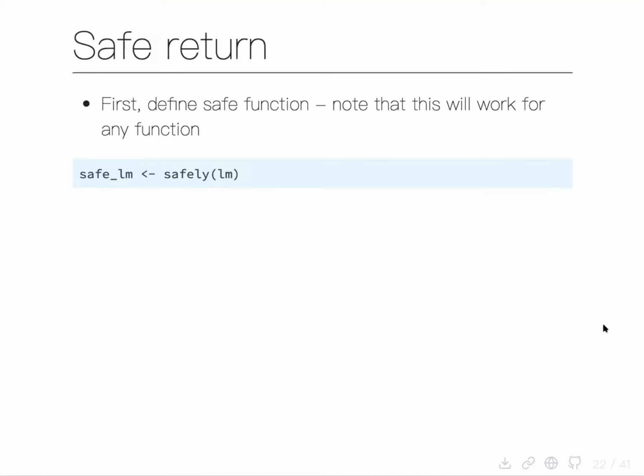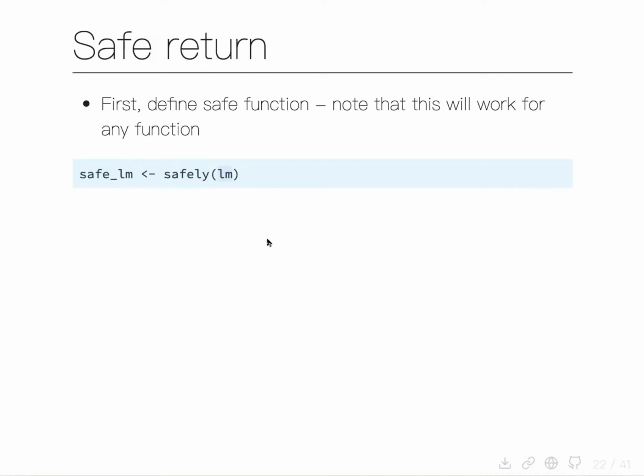So what we can do is create a safe function. This is how safely works. We're going to first create a function, which I'm calling safe_lm. You could call it whatever you want to call it though. Anything will work. And then you just call safely on that function, on lm.